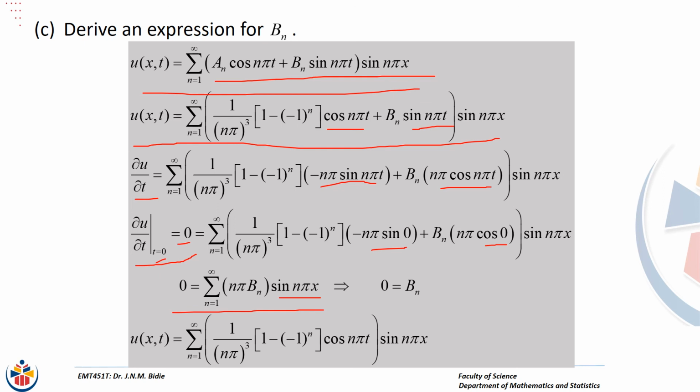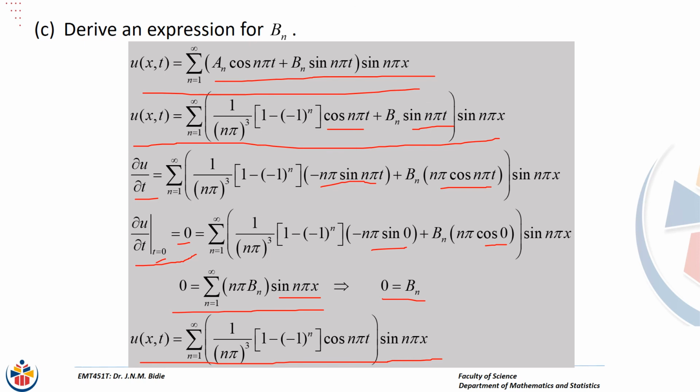That is why we have here bn equal to 0, and then we substitute into our u, and therefore that is the final formula for u, which is our final particular solution for our wave equation for this problem.